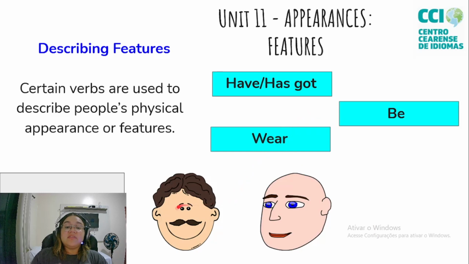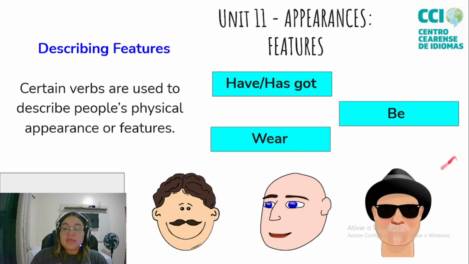We don't need to have a mustache. We don't need to be bald. We can just wear something. So he is wearing glasses, sunglasses. He is wearing a hat. Okay, so these are the common verbs: have or has got, be, or wear.